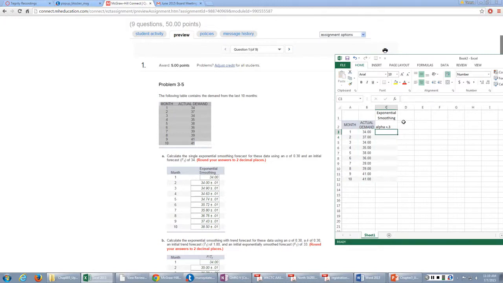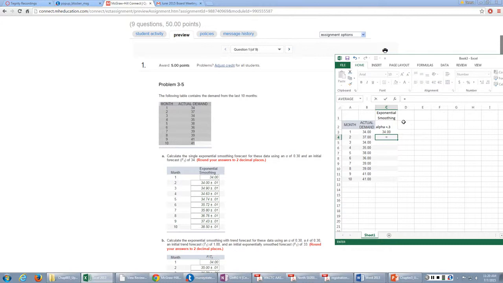And if I look to my problem, it says calculate the single exponential smoothing forecast for these data using an alpha of 0.3 and an initial forecast for time period 1 of 34.00. Okay, so there's my first forecast.